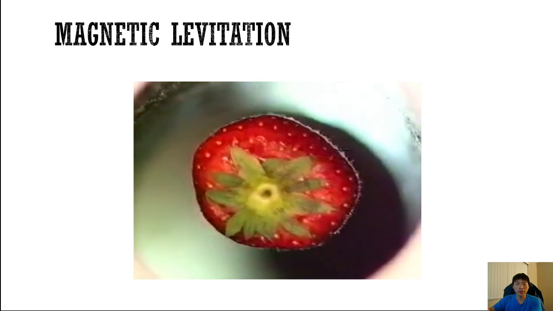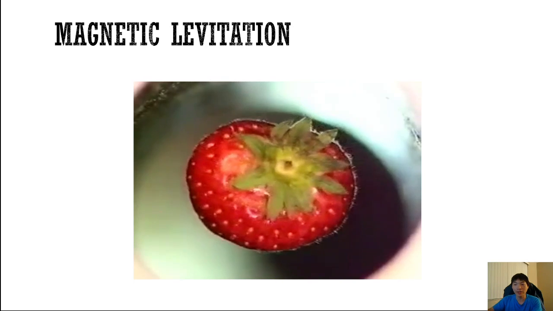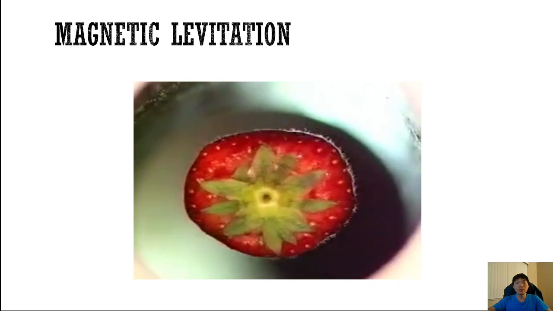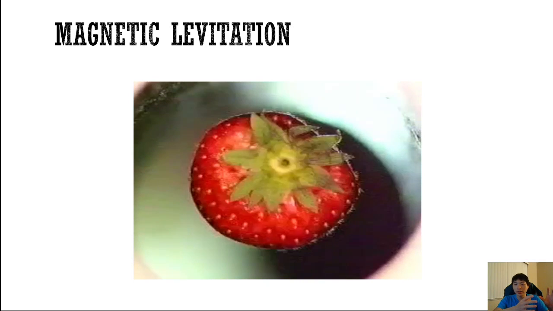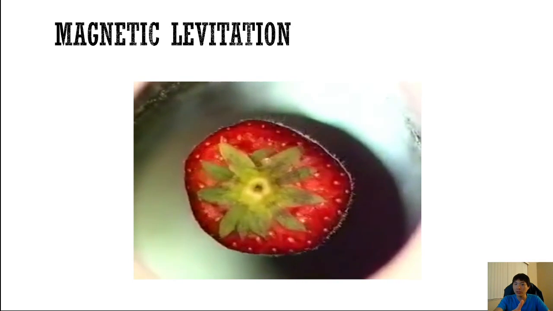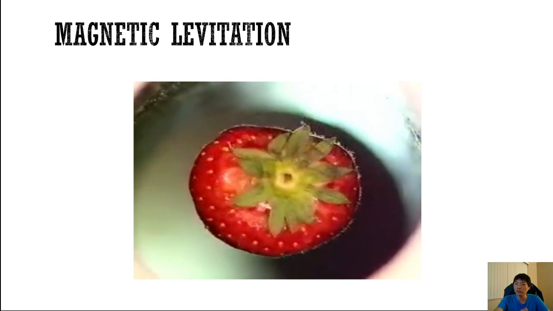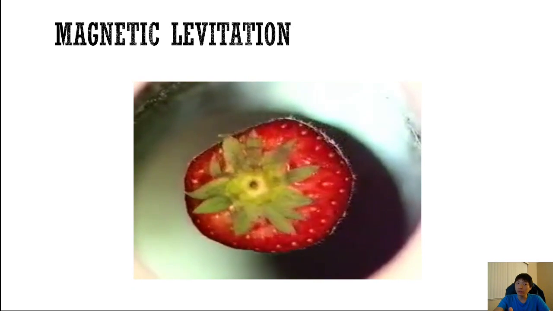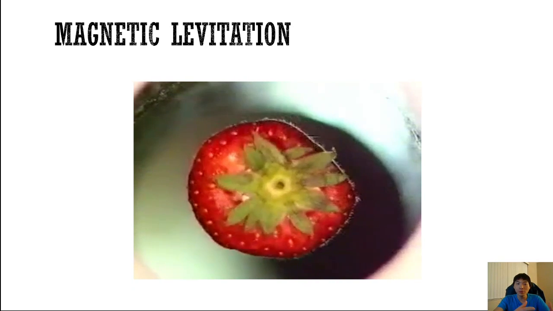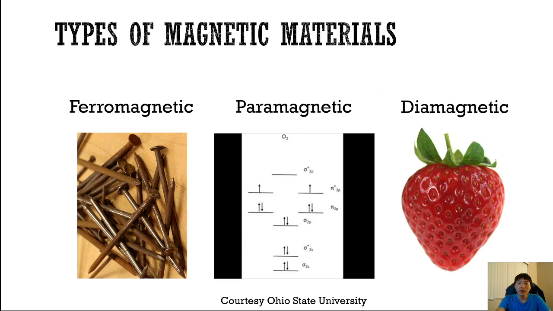Here is a video showing magnetic levitation of a strawberry. It turns out if you put a strawberry in a vertical magnet that is, I think, above 14 Tesla, so maybe something like 15 or 16 Tesla, and it's a strong enough magnet, the strawberry actually floats. So how does this work?